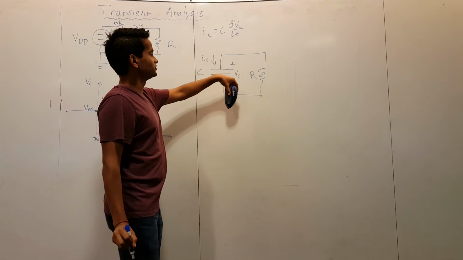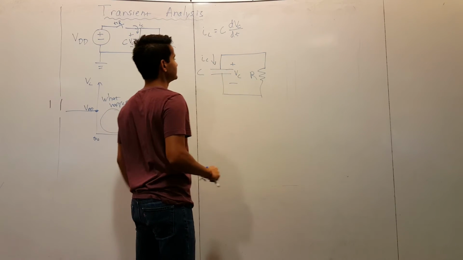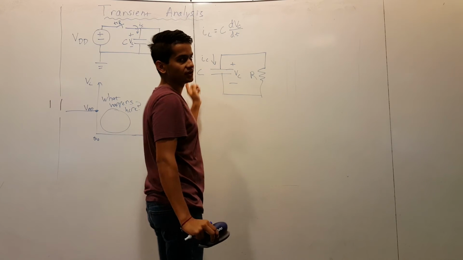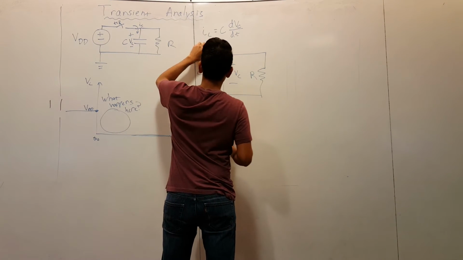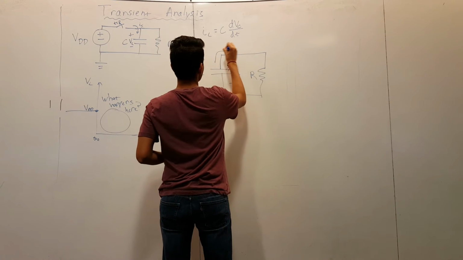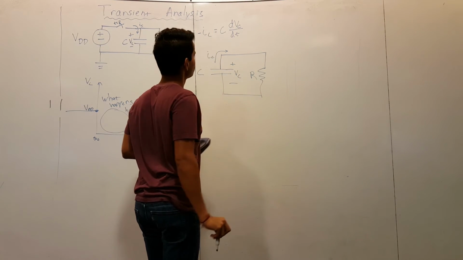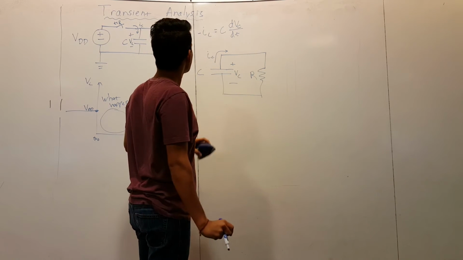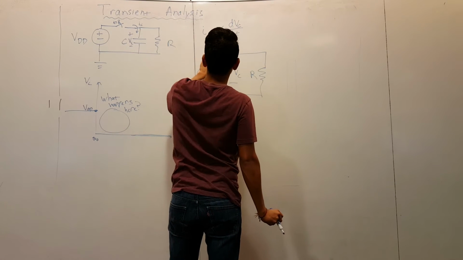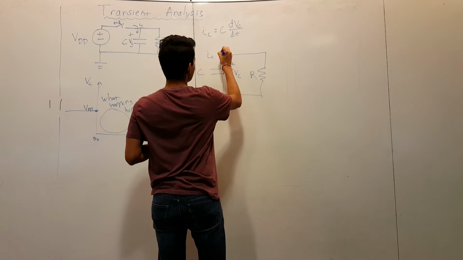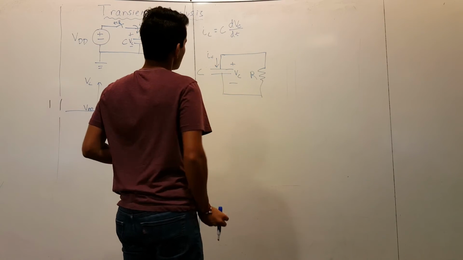I do it like this so that the equation still holds. If I defined IC going the other direction, then this would actually be negative. For the sake of clarity, I always define my current directions going into the capacitor so that I don't have to deal with that negative sign.